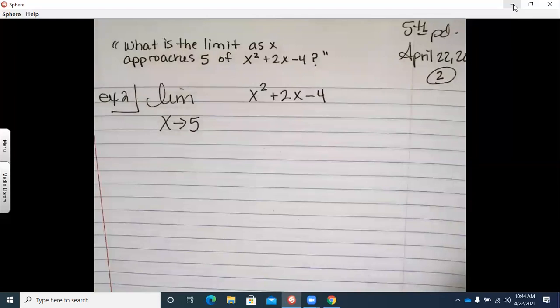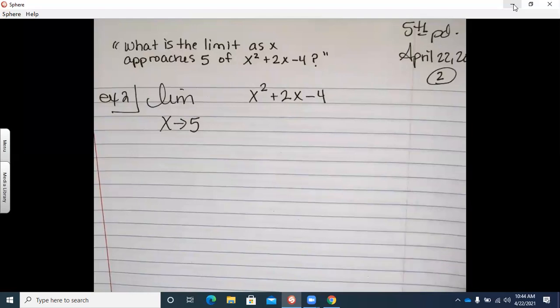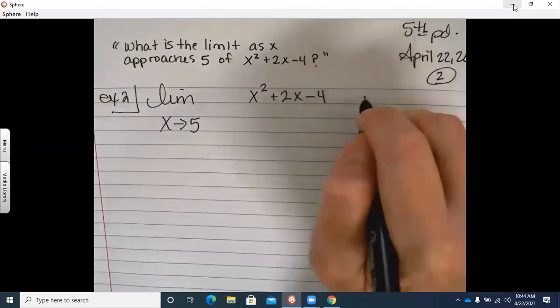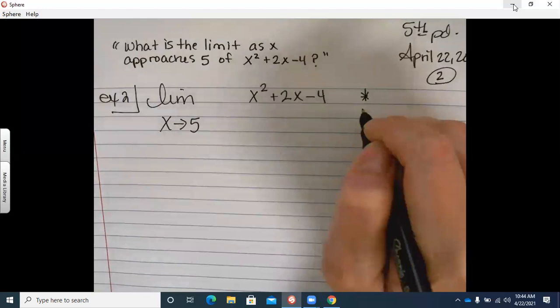So on this one, do we need to worry about getting a 0 in the denominator? No, because the denominator is 1. There's no variable in the denominator, right? So again, I know y'all hate writing the words, but I don't want you to be like, I don't understand why we did that, okay? There's no fraction.